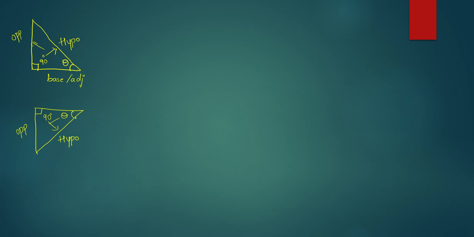Since this is the hypotenuse and this is the side where theta is resting, this will be called the adjacent side. If I say my angle is theta for the same right angle triangle, then for this theta, this side will become the opposite side, and this is the side where theta is resting, so I'll call it the adjacent side.